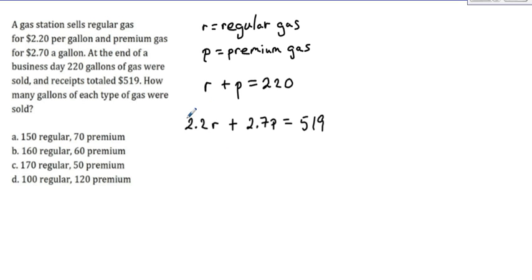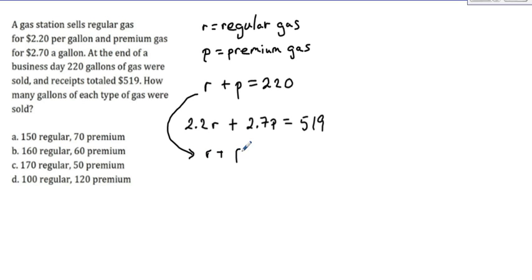So the next thing we'll do is take R plus P equals 220 and solve this for either R or P. So I'm going to solve it for R. And in order to do that, what I can do is subtract P from both sides of the equation. So let me go ahead and rewrite the equation down here.